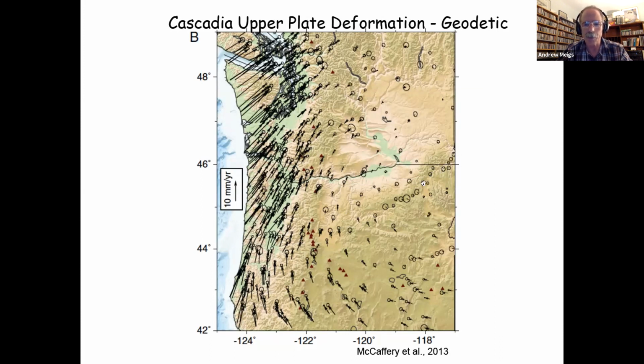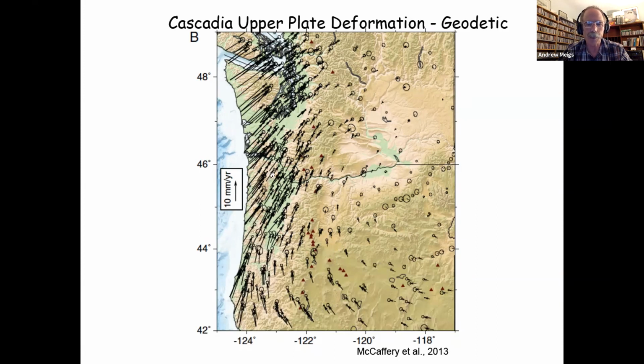So if you have a small arrow that's within this ellipse, the station is essentially not moving relative to its neighbors. But by the time you get out to, for example, Newport, which is about here, you are moving at about 10 to 12 millimeters per year.